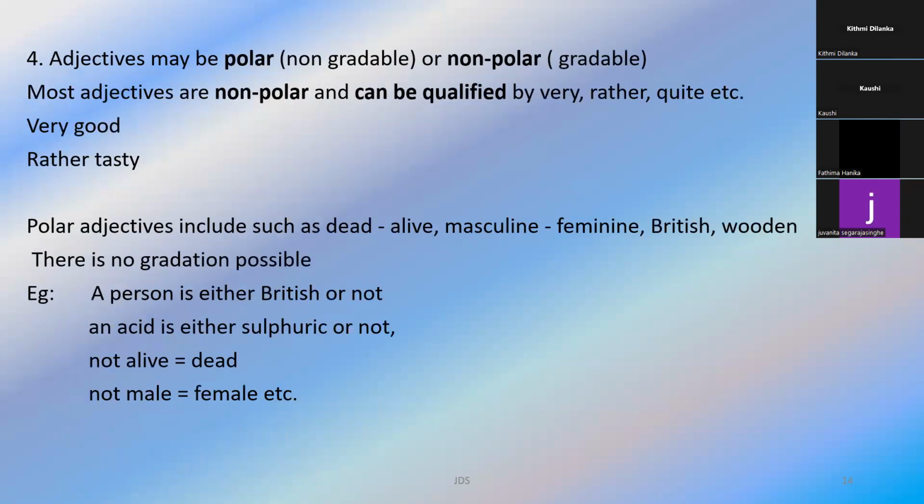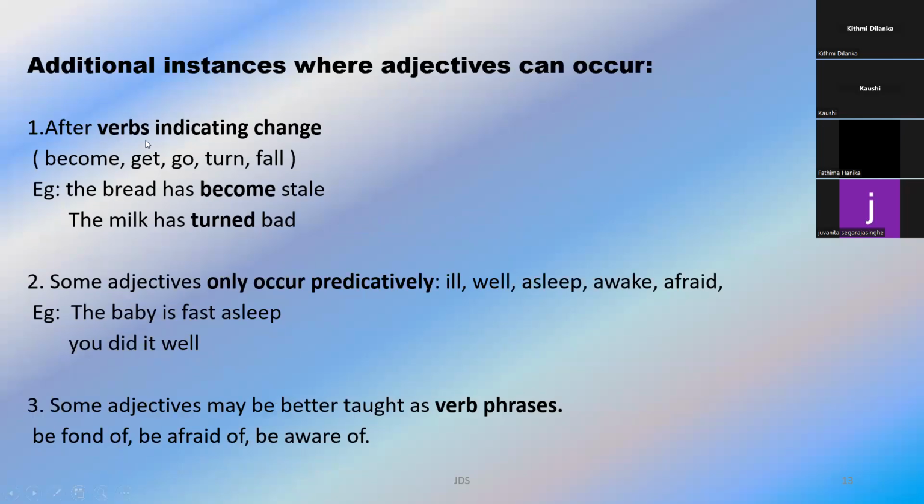From the beginning, adjectives can appear after verbs indicating change. Certain adjectives can perform only the predicative function, for example, ill, well, and asleep.